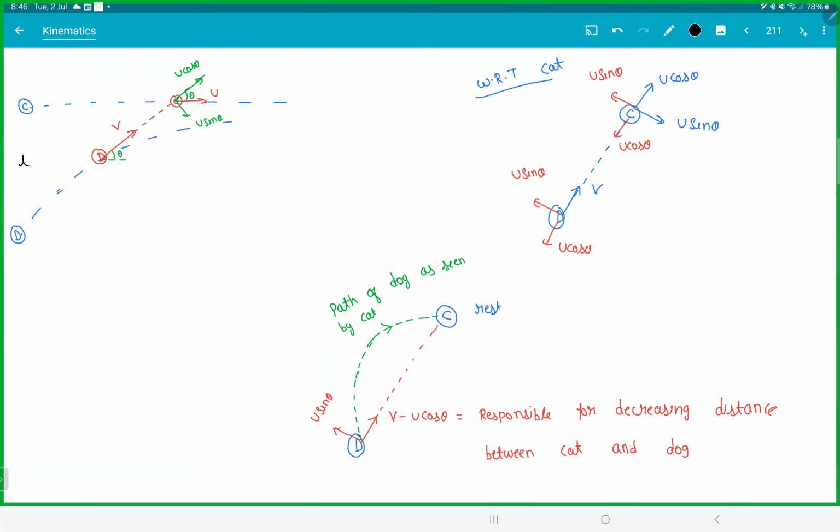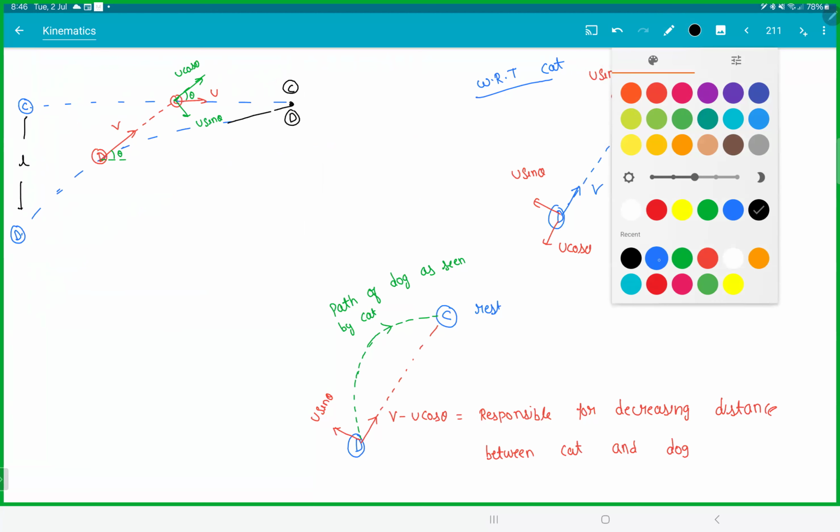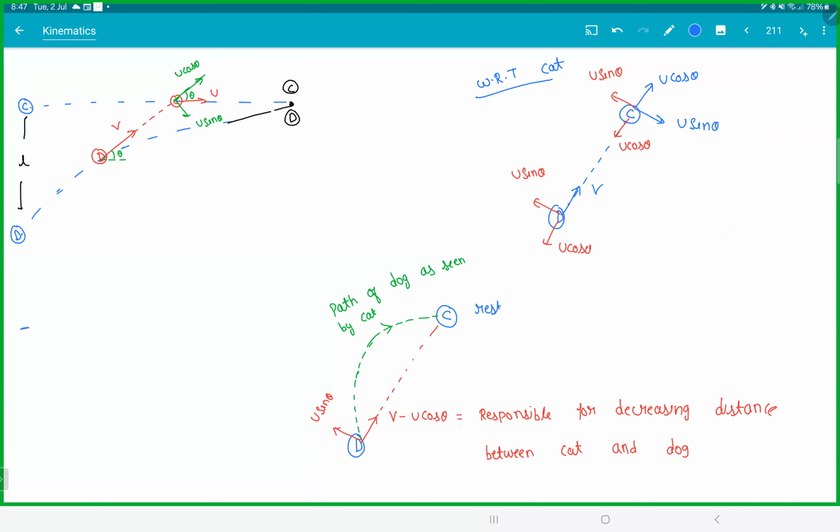The initial distance between them is L. And finally, when they meet each other, the distance is 0. So we can write: minus integral of v minus u cos theta dt should be equal to displacement, relative displacement.